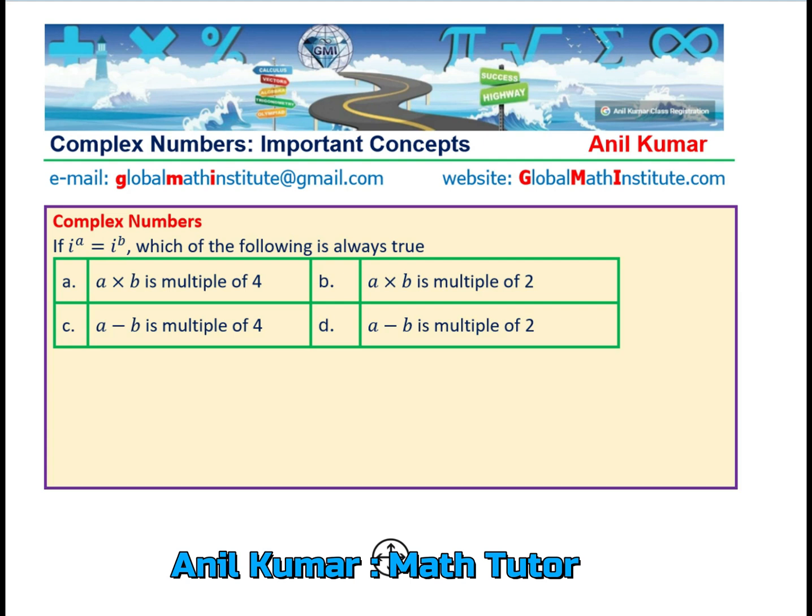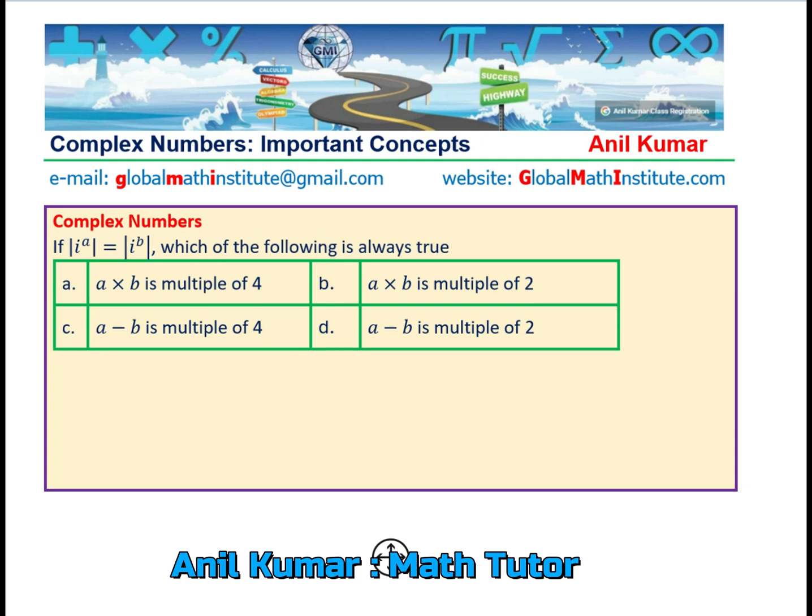And here is a new question for you. If absolute value of i to the power of A is equal to absolute value of i to the power of B, in that case, what is true? Now you can see the pattern: you have i, minus 1, minus i and plus 1.